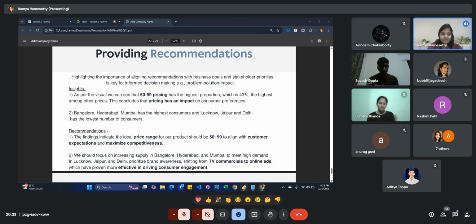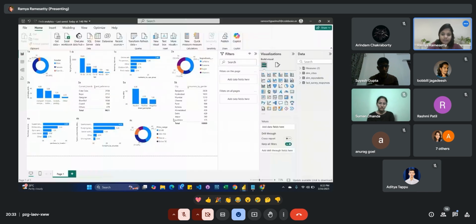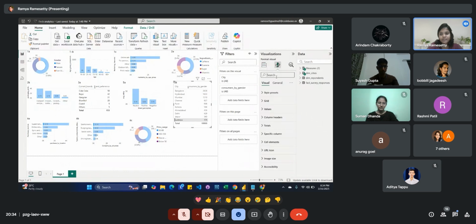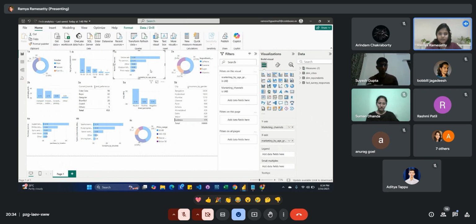If we select Lucknow, we have fewer respondents who are using the online ads. Can you zoom in a bit? One minute, please.